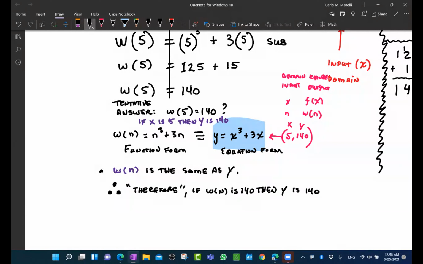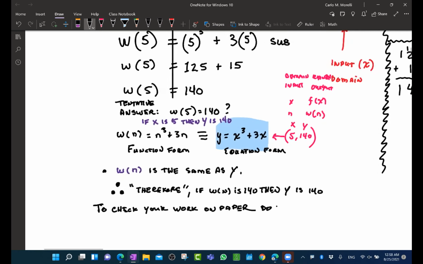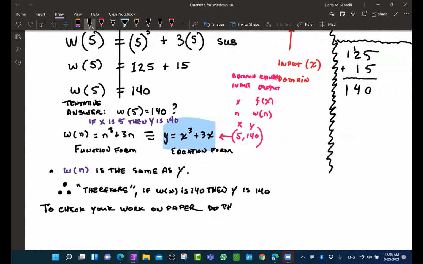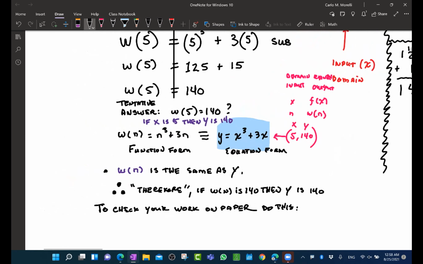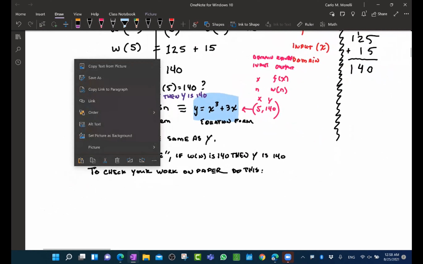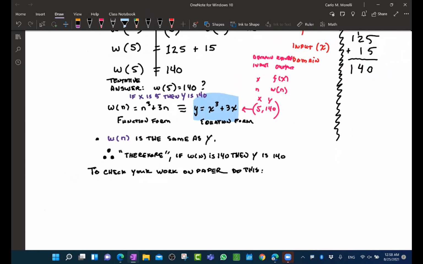So to check your work on paper, without a graph, we'll get to the graph in a second. Do this. Okay. To check your work on paper, do this. Write the original equation in the equation form.